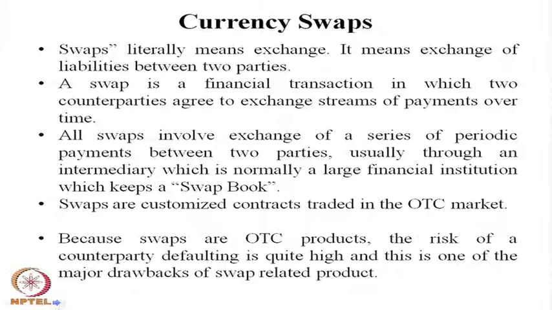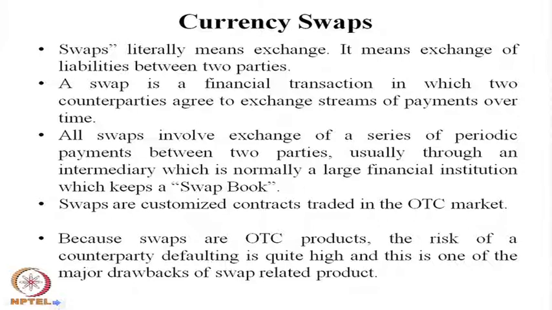They are customized as per the requirement of the two parties. When you mention OTC and customized product, the customization takes place on the value size of the swap, the payment period, whether it is annual, quarterly or half yearly, and also which currencies are involved in the case of a currency swap. On that basis, we can design a customized swap as per the requirement of the two parties.